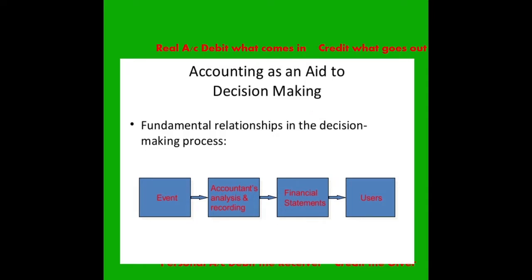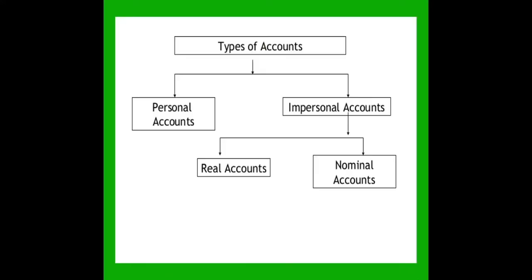Here the rules are there. You can see the rules. Debit the receiver, credit the giver is the personal account rule. Diagrammatic presentation of types of accounts: 3 types, personal, real, nominal accounts.